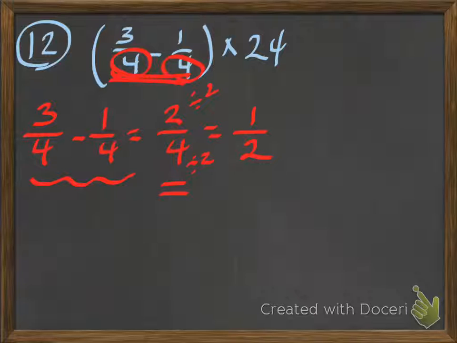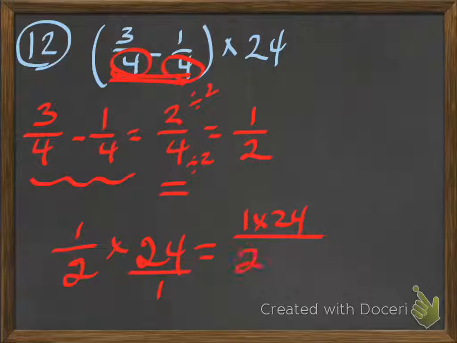And when I do that, I get 1/2. So now I have 1/2 times 24. And I'm going to change that by putting 24 over 1. And I have 1 times 24 over 2 times 1. So I've got 24 over 2, or 24 divided by 2, and that's going to equal 12.